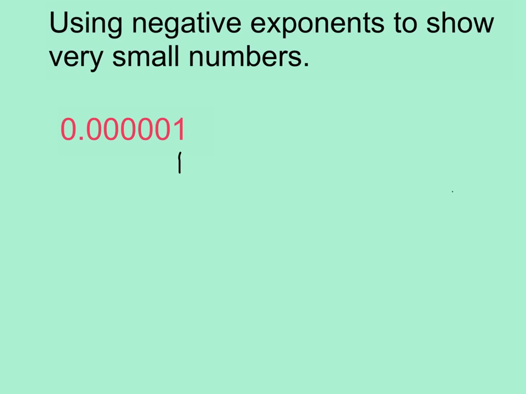So in order to figure out what negative exponent I'll use to write this number, I'll have to figure out how many times I'm dividing by 10 in order to turn my base number here into this number. So to do that, I'd start here, divide it by 10 once, twice, 3, 4, 5, 6 times. So this would be written 1 to the negative 6 power.